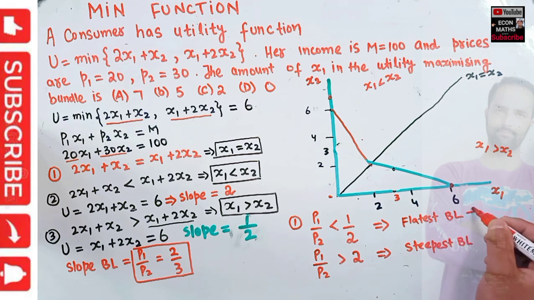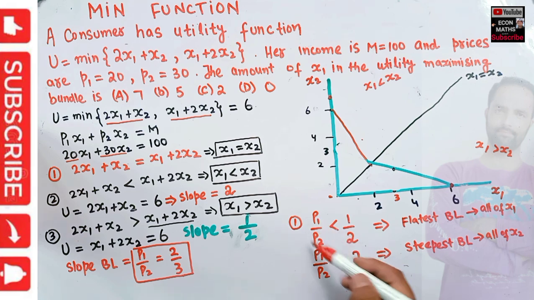In this case the consumer will consume all of x1, and in the other case all of x2.